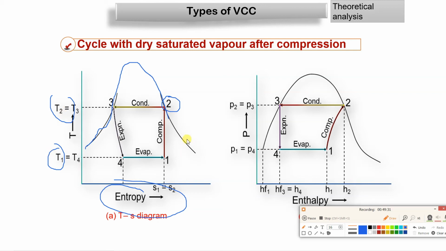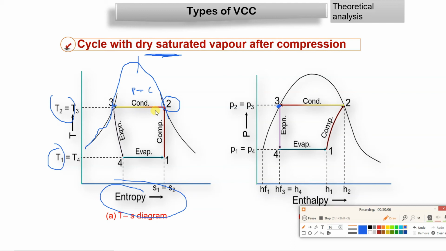That is why the process goes from bottom to top. Then according to the given condition, point 2 is dry saturated. So here also you can see point 2 is on the saturated vapor curve. Then 2 to 3 is constant pressure condensation, and point 3 is saturated liquid. You can observe the same thing on the pH as well as TH diagram.